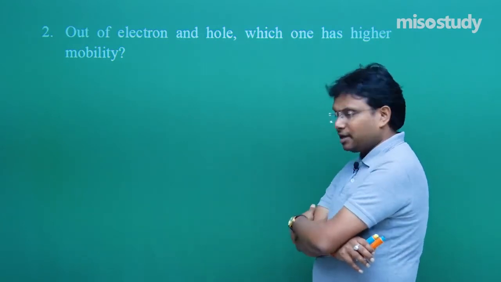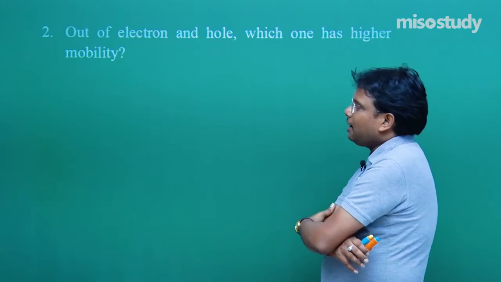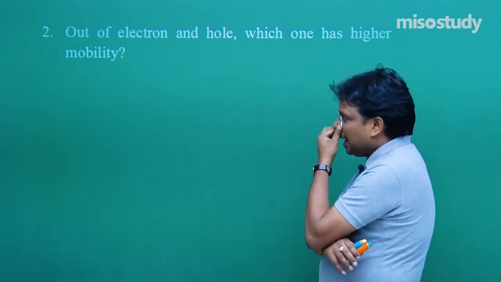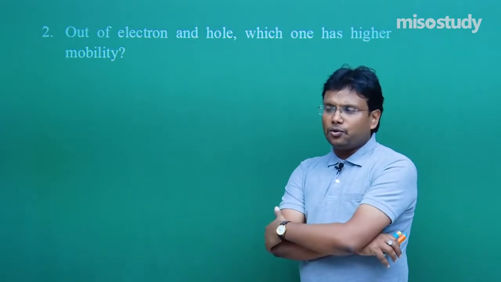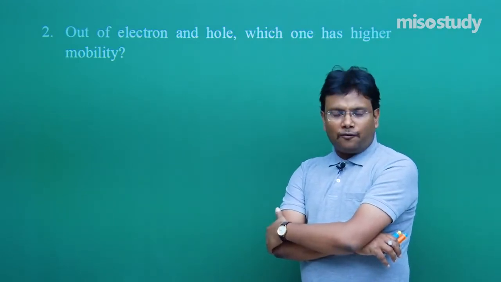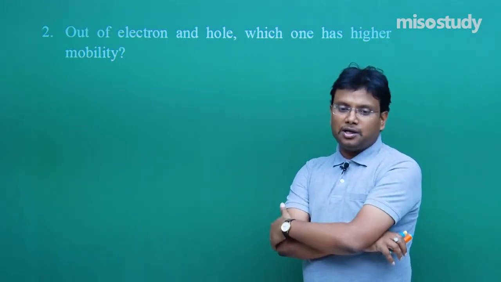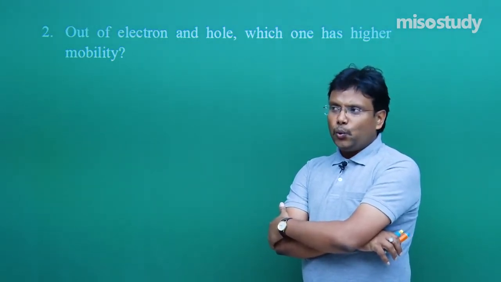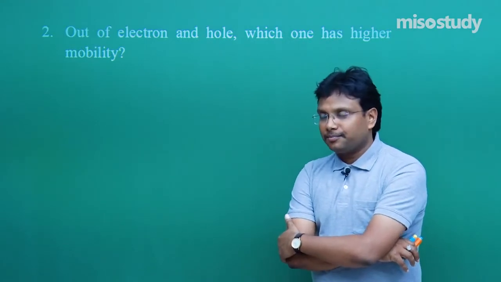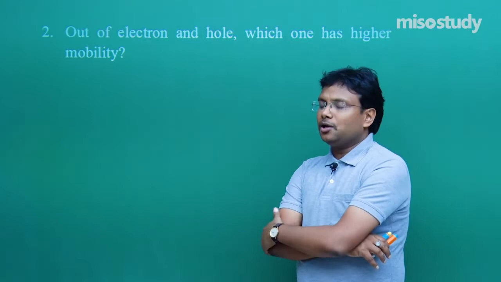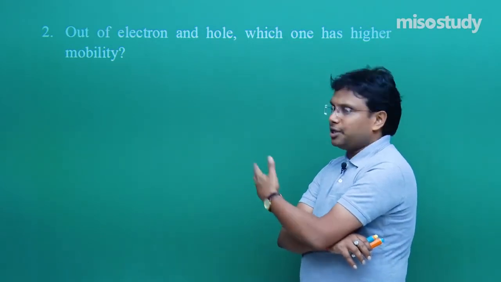Now, why this question came in my mind? When I was explaining once, it was few years back, I was explaining this PN diode. So, I said mobility of this electron and holes, like that. So, one of the student asked this question, which one moves faster? Fine.